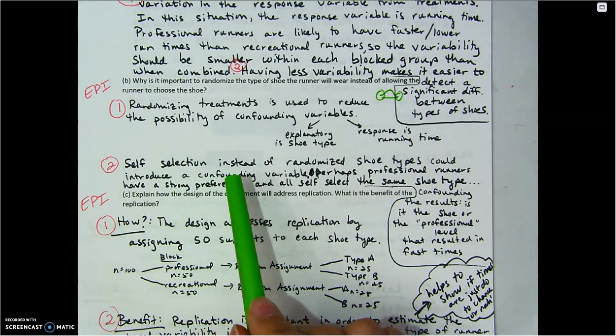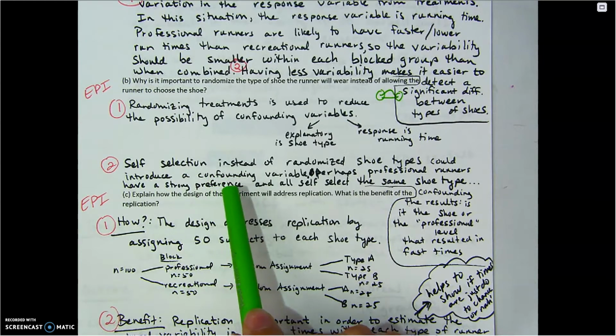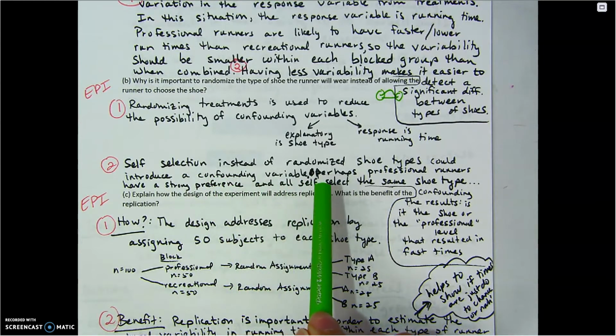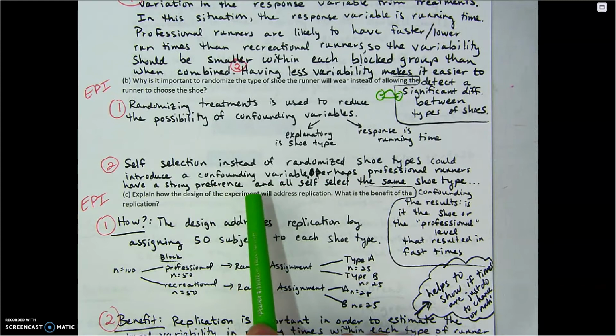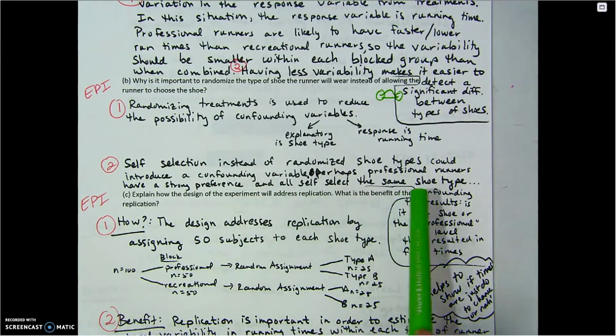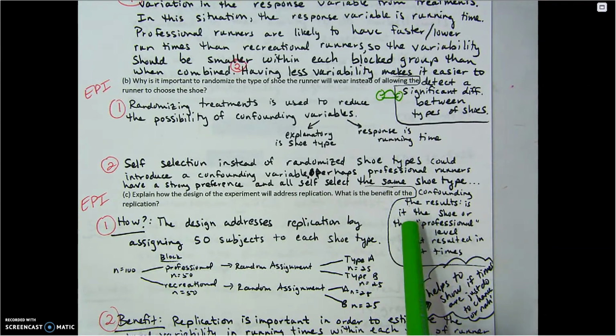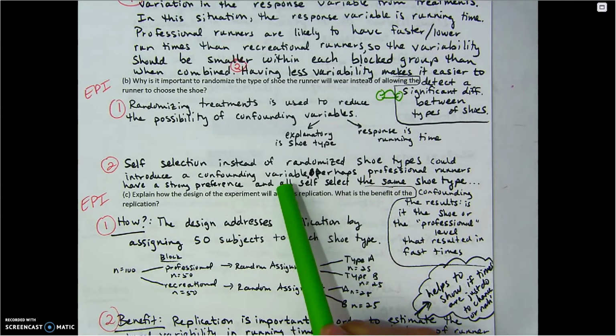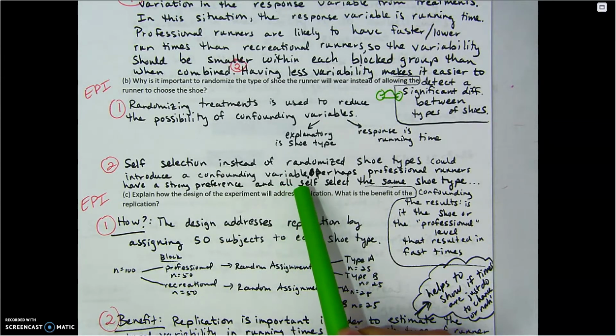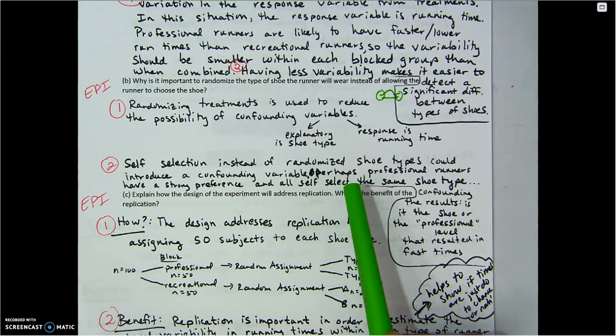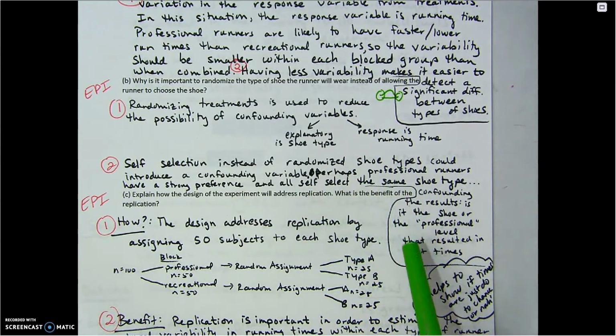Self-selection instead of randomized shoe types could introduce a confounding variable. Perhaps professional runners have a strong preference and all self-select the same shoe type. Confounding the results. Is it the shoe or is it the professional level that resulted in the fast times? Again, if you let runners choose, the professionals might all gravitate towards the same shoe and it's going to mess up your results.